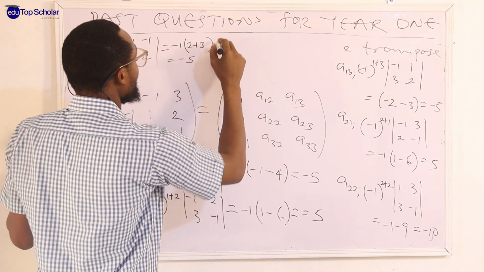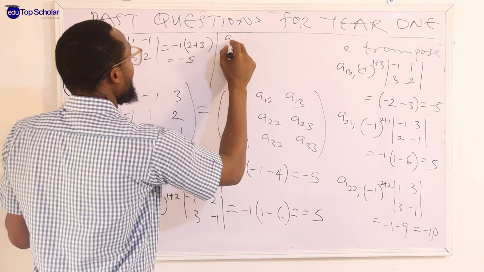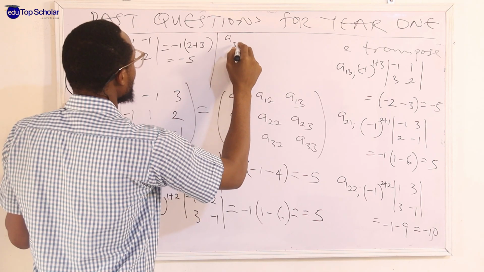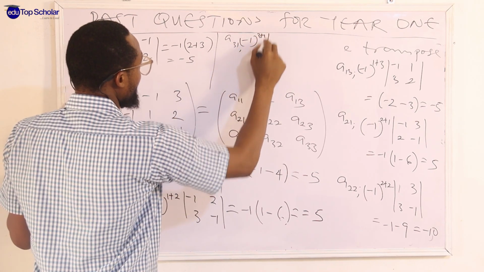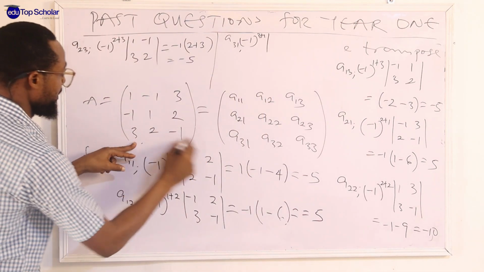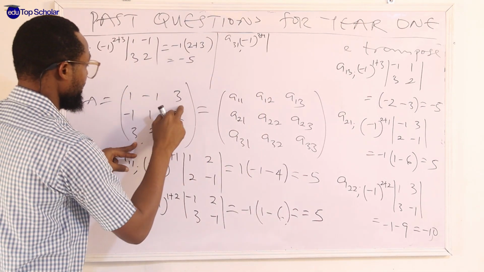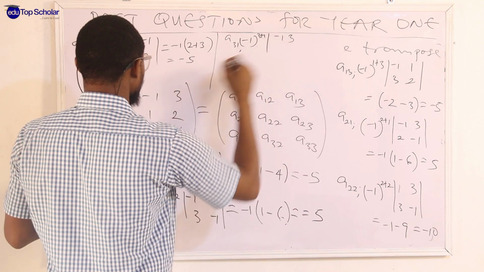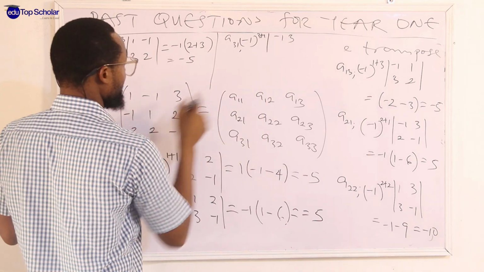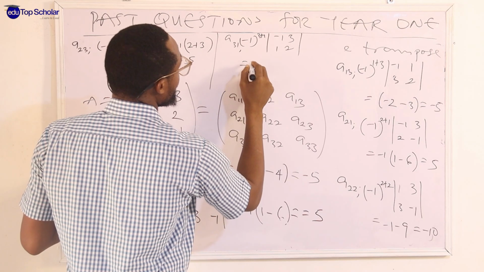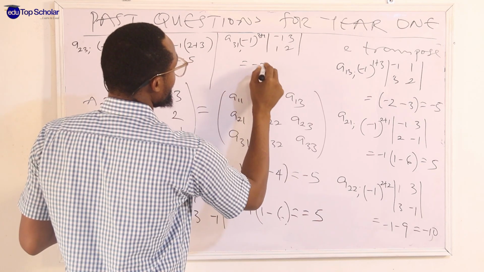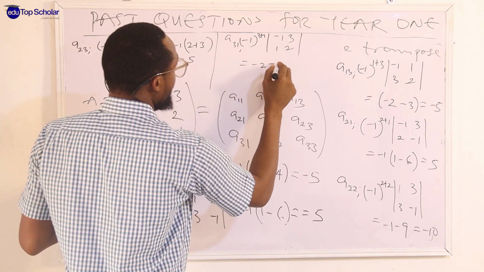And now, for A31, we have minus 1 raised to power 3 plus 1 multiplied by, here is A31, we delete this and this, we are left with minus 1, 3, 1, 2. That will give us minus 2 minus 3.